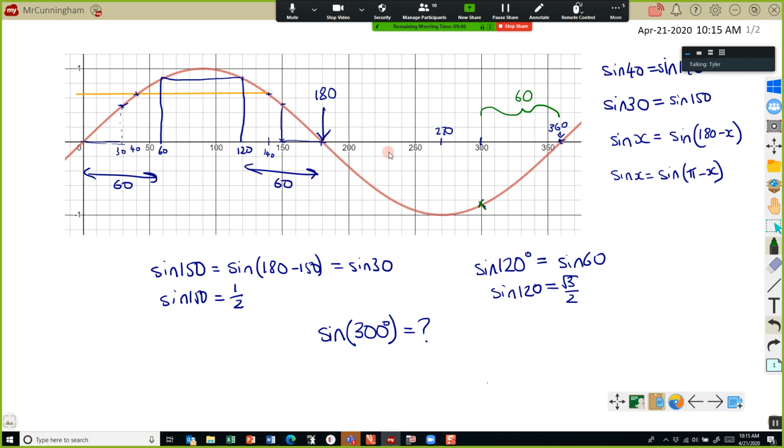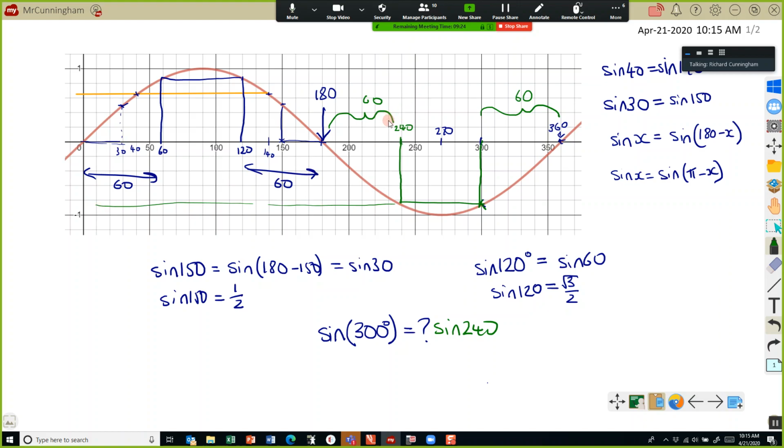Thinking about 240, right? Who said that? Good man, Tyler. Because it is 60 away from here. So sine of 300 is the same as sine of 240, because these are going to give me exactly the same value out.